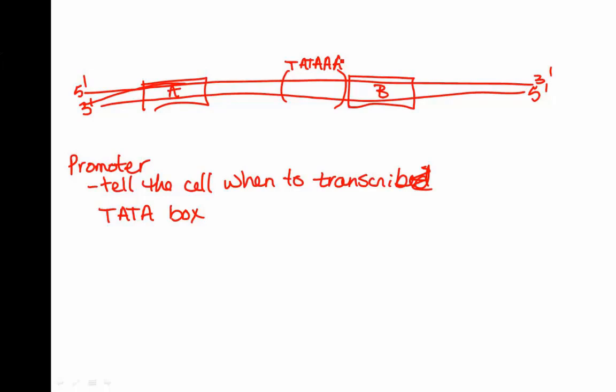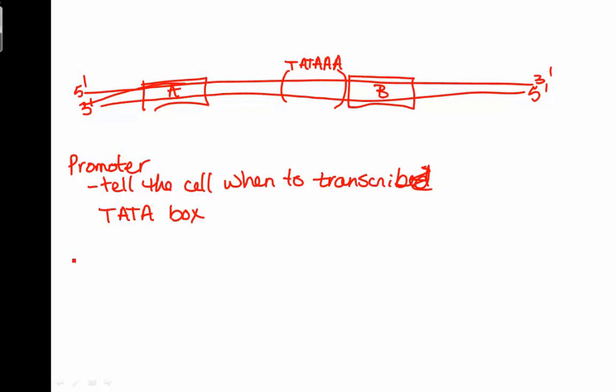If the cell happens to see the TATA box, then it knows that it is actually looking at a promoter region, and it should look closely because it wants to figure out if that's a gene that it might want to transcribe at that particular moment in time.